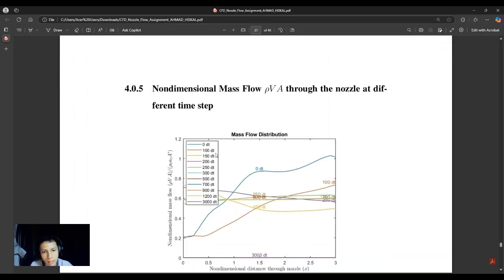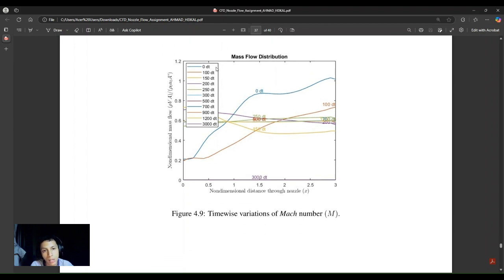So this is the plot of the non-dimensional mass flow, rho times v multiplied by A, through the nozzle at different time steps. As you can see, the legend says 0 dt, 100 dt, 150 dt, and so on until 3000 dt.